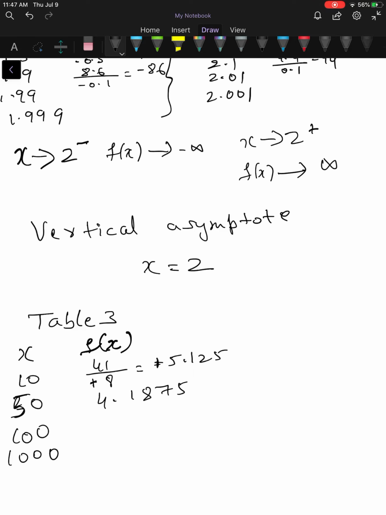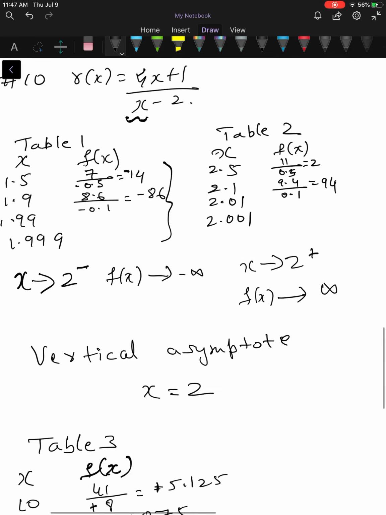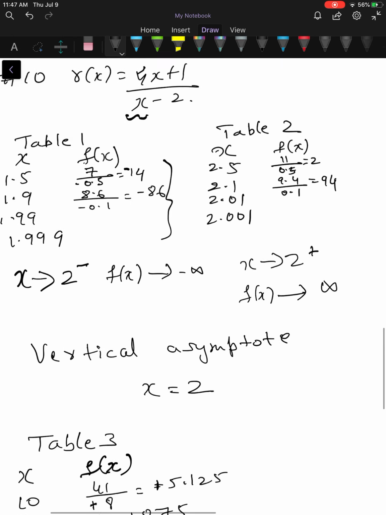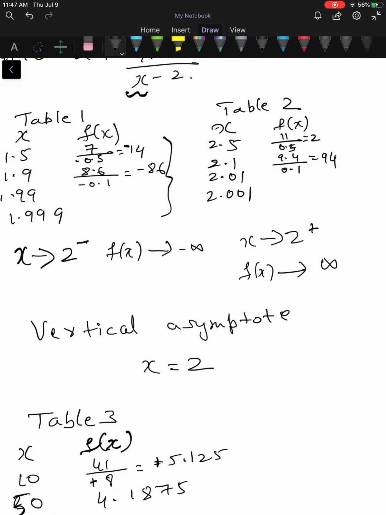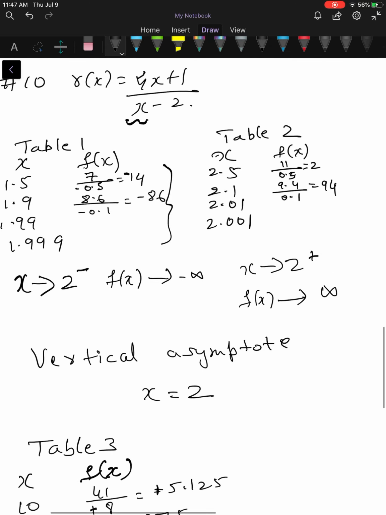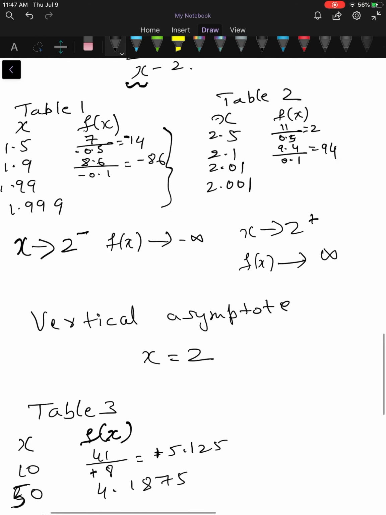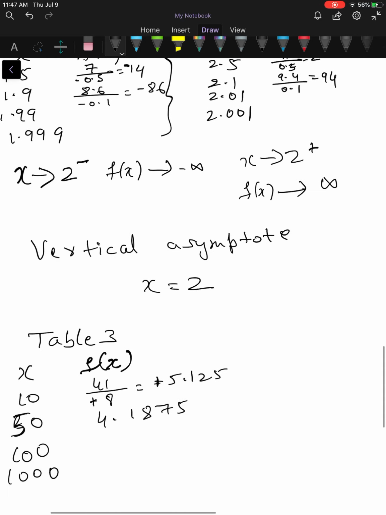So let me find out what happens if x is 100. So 400 plus 1 is 401 divided by 100 minus 2 is 98. So it is 4.0918.